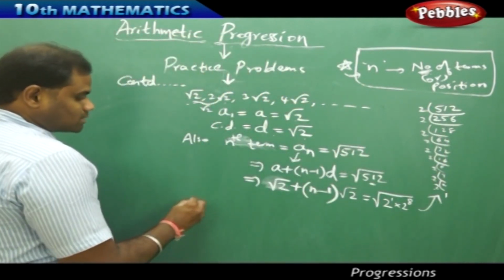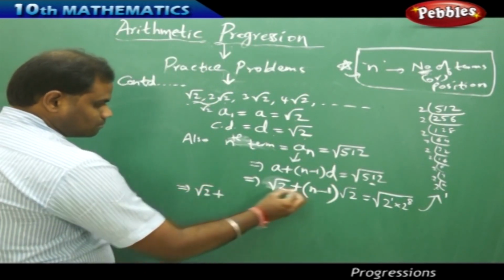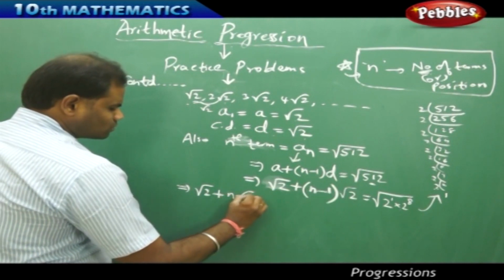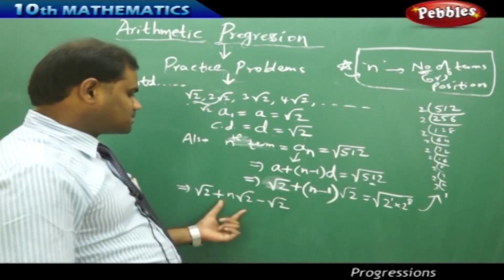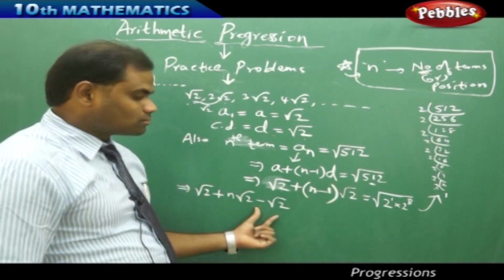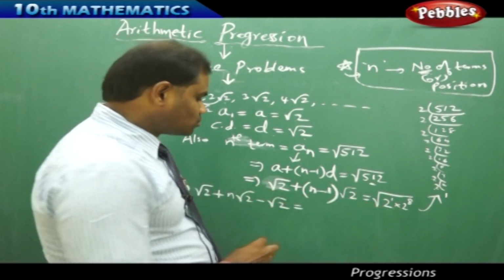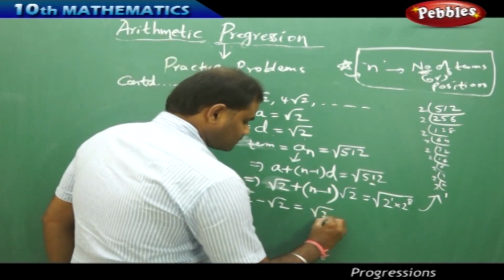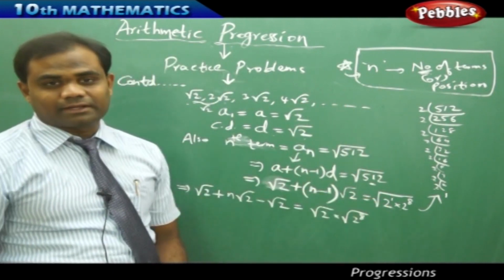Now this, on further simplification, gives me root 2 plus n times root 2 minus root 2, because when I open the brackets, I can split this as n root 2 minus root 2, which is root of 2 into root of 2 power 8, when I split the factors.